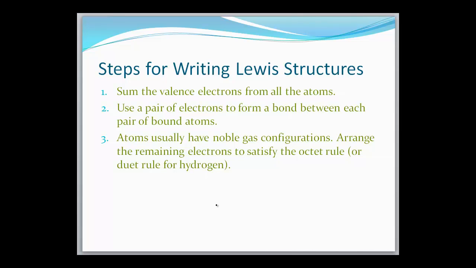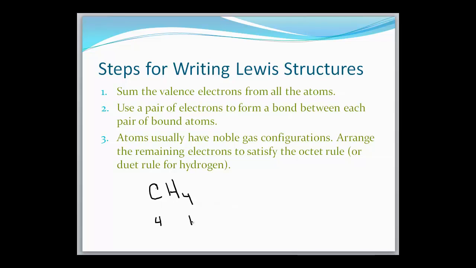Alright, so let's just do an example of a simple compound, carbon with 4 hydrogens. That's actually the structure for methane, but what we're going to say is it's just carbon with 4 hydrogens. Okay, so the first rule says sum up the valence electrons for all the atoms. So if you look on your periodic table, you'll see that carbon has 4 valence electrons.